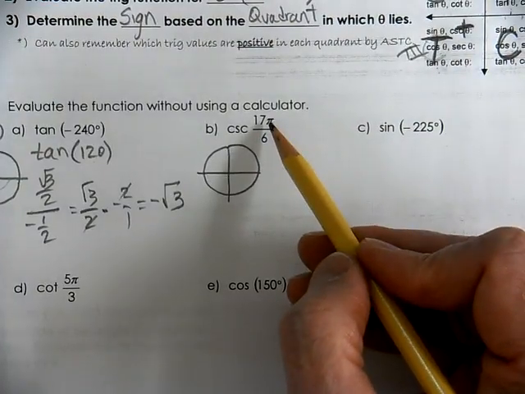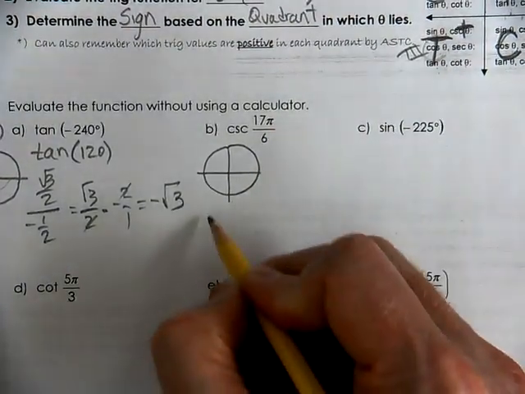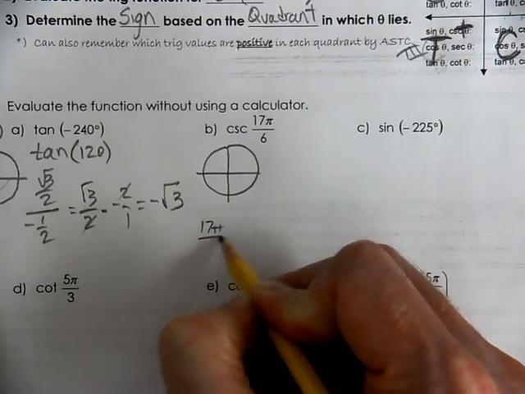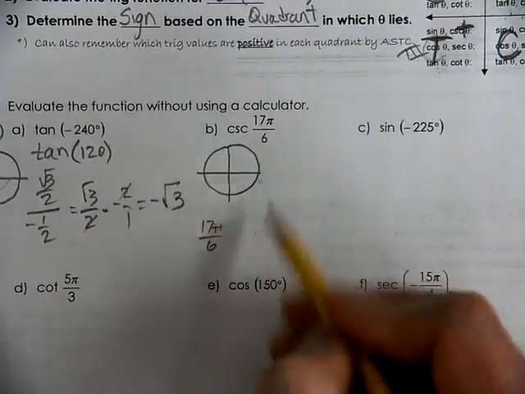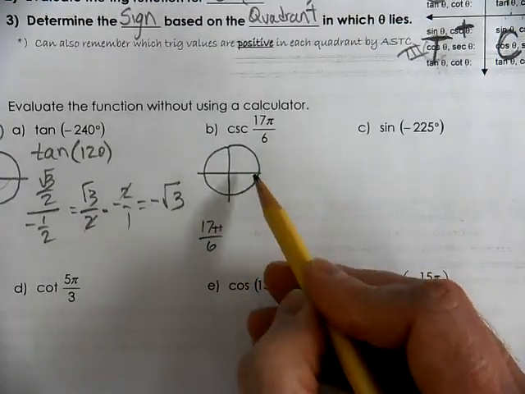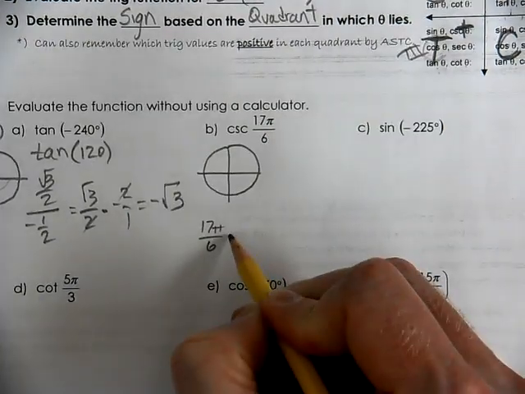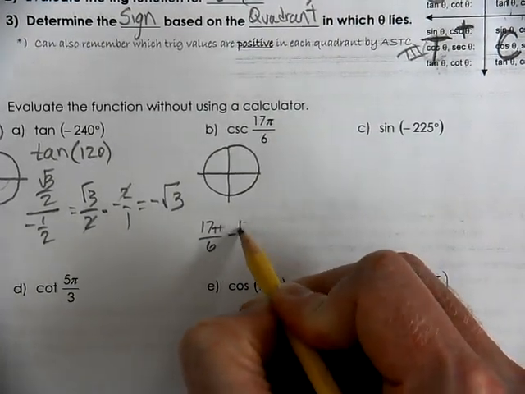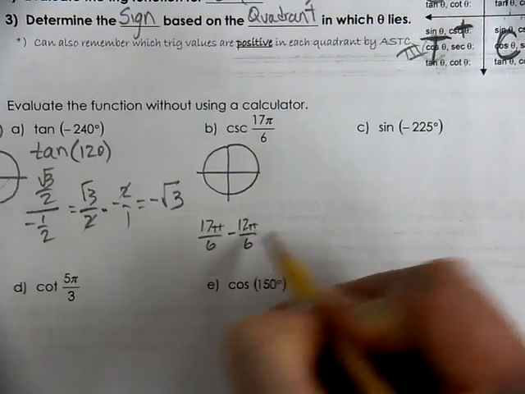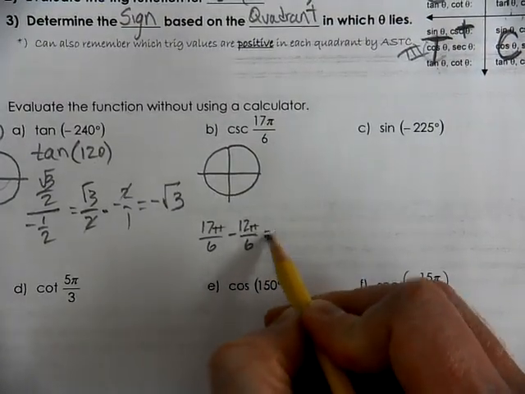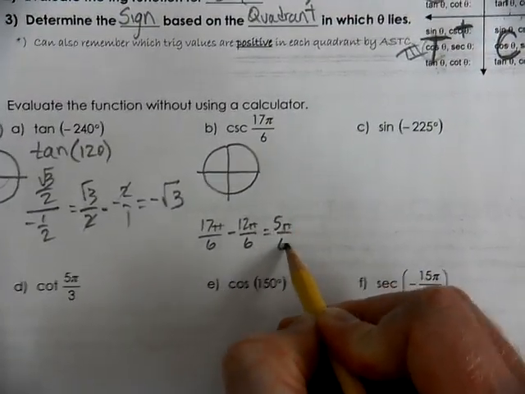Well, here we have 17 pi over 6. I know 17 pi over 6 is larger than 2 pi. It's more than 12 pi over 6. So I'm going to subtract 12 pi over 6 because that's a value of 2 pi. That gives me 5 pi over 6.